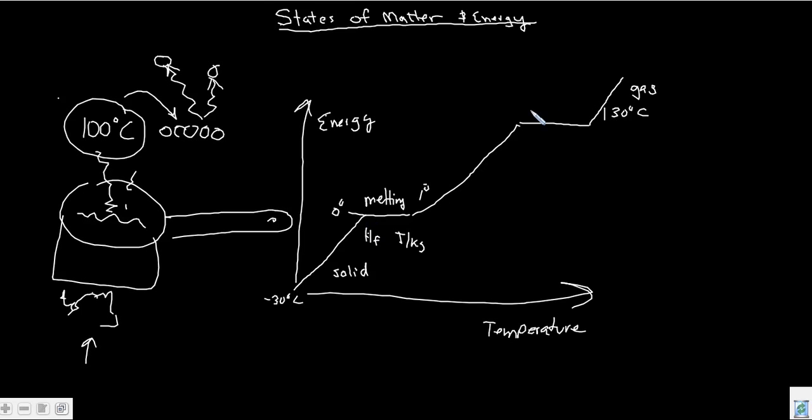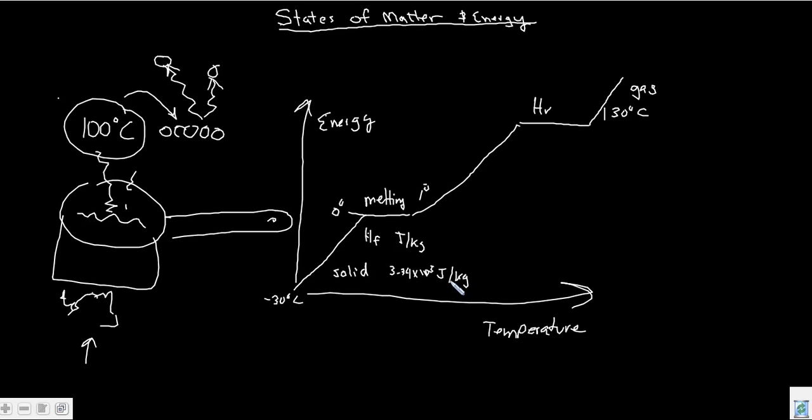And then up here, this is called the heat of vaporization, so we have H sub V. There's actually an amount of energy specific. So for example, for water, the heat of fusion is 3.34 times 10 to the 5th joules per kilogram.